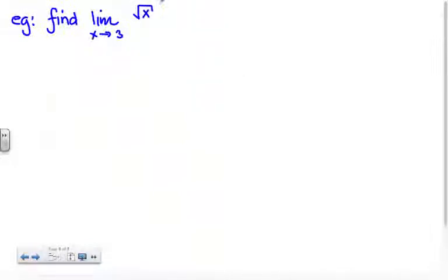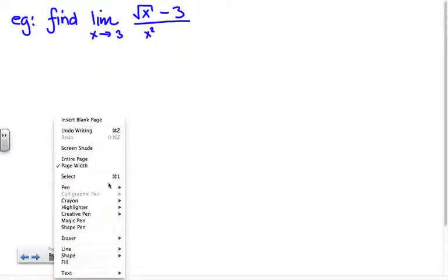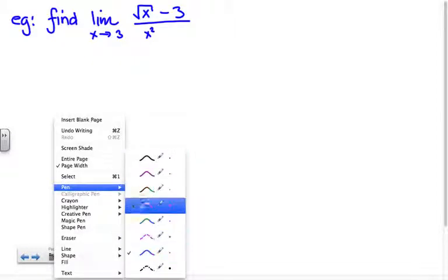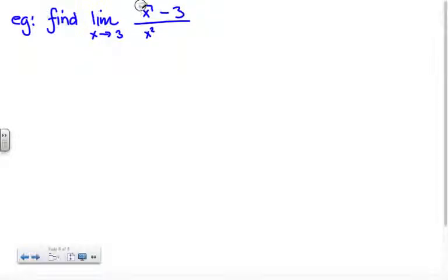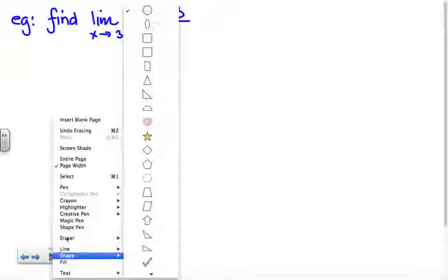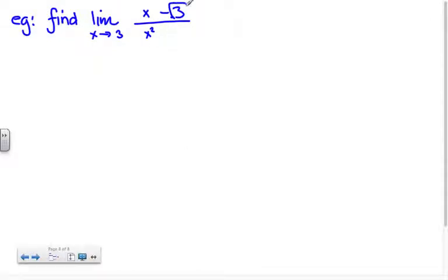Square root of x minus square root of 3 over x squared minus 9.